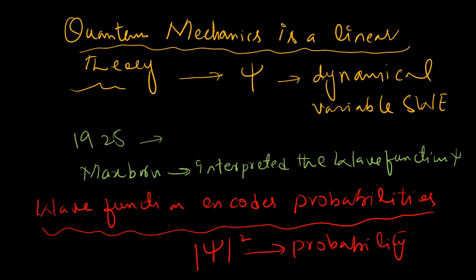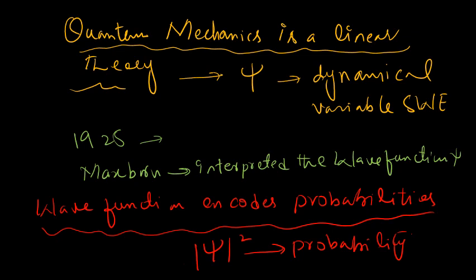So we can say that quantum mechanics is a linear theory. The linearity of quantum mechanics implies a profound simplicity, so quantum mechanics is simpler than classical mechanics.